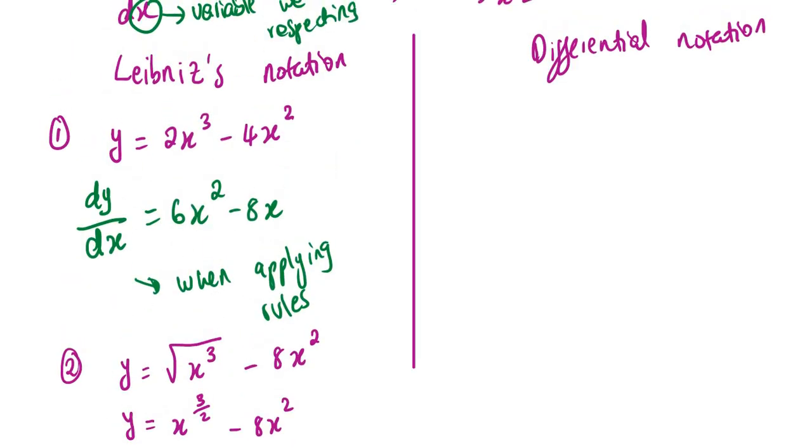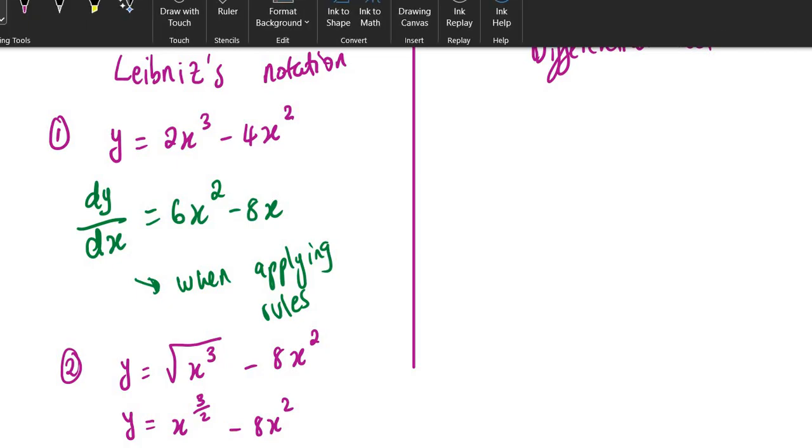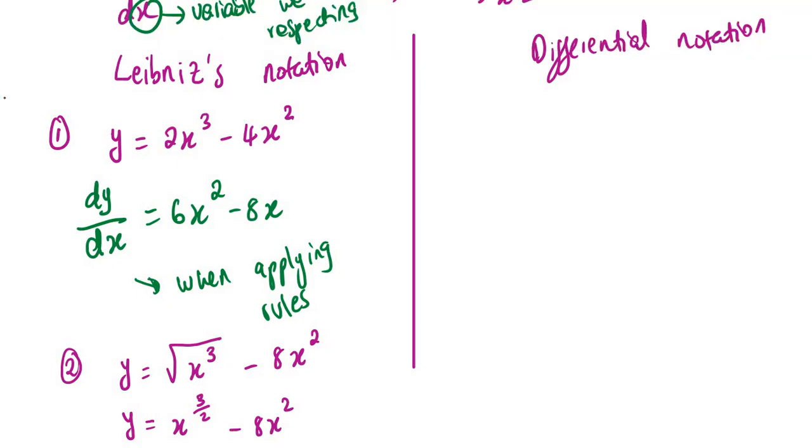Now the differential notation, how is it different? Instead of having the equation written as y equals something, with the differential notation you have it already like this. The question is given inside of the bracket there. That's where you get the question. But when you're applying the rules, you don't write dy over dx, you write an equal sign.